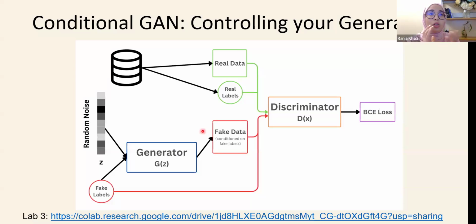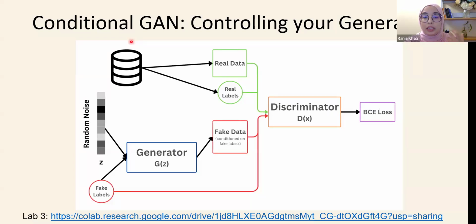There is no control. I cannot force the generator and say, please generate number 4, and given this specific label, have it give me the corresponding images. This is not happening in typical GANs. However, this is possible in the conditional GANs, or cGANs, like I told you last time.